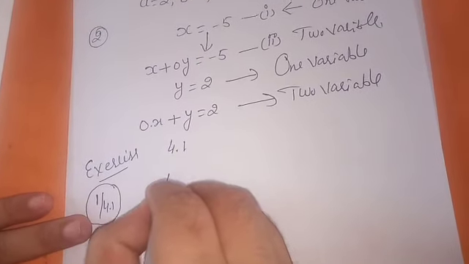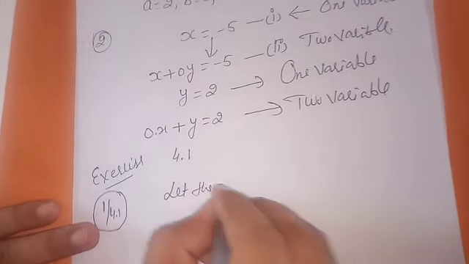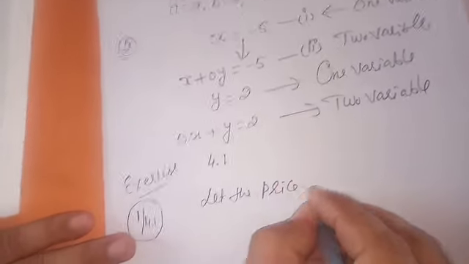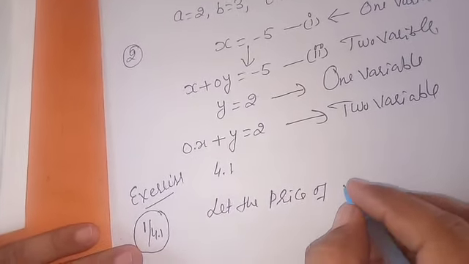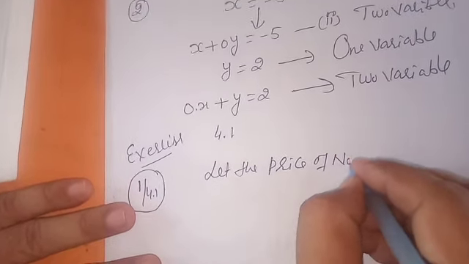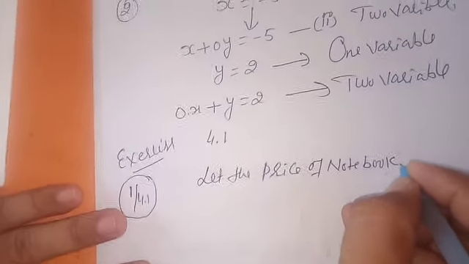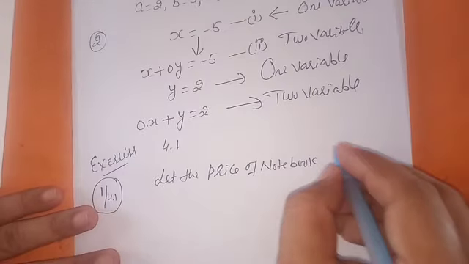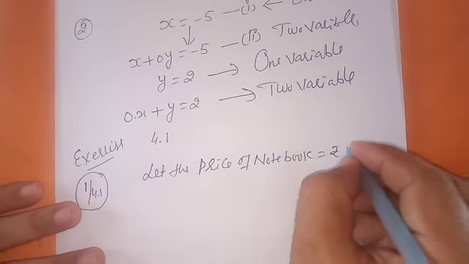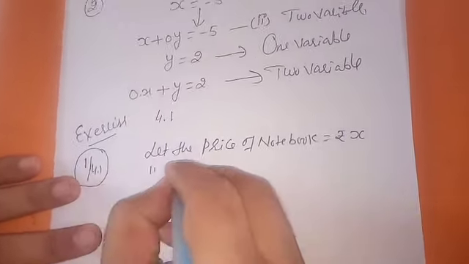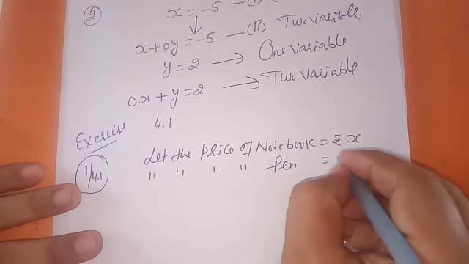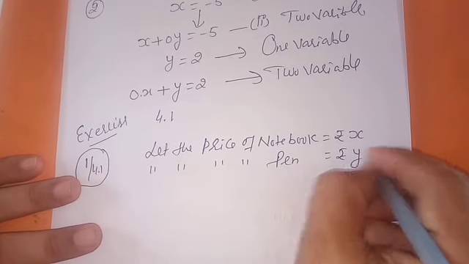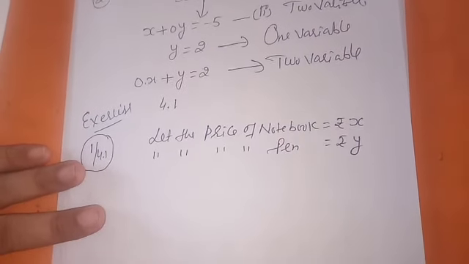According to your book, let the price of the notebook be rupees X. Let the price of the pen be rupees Y. Understood?